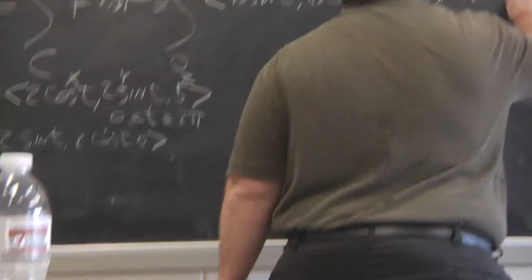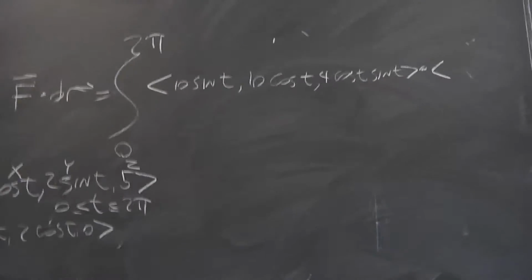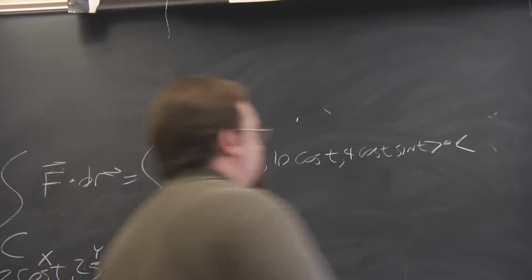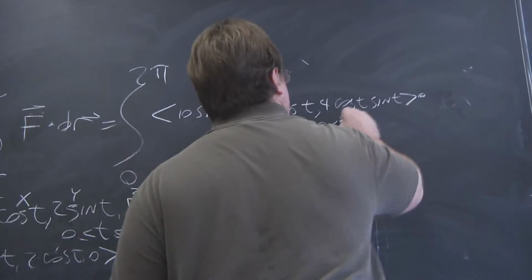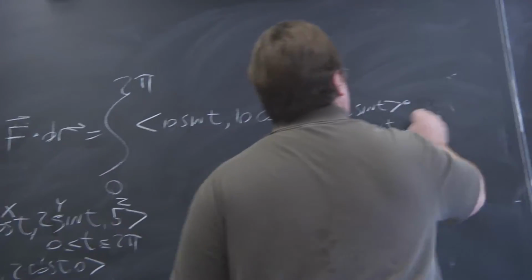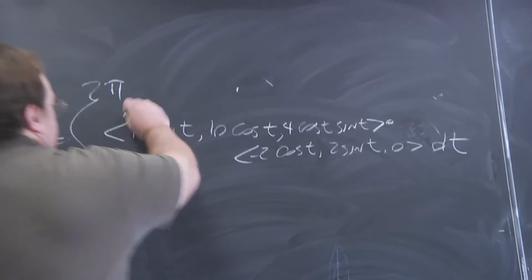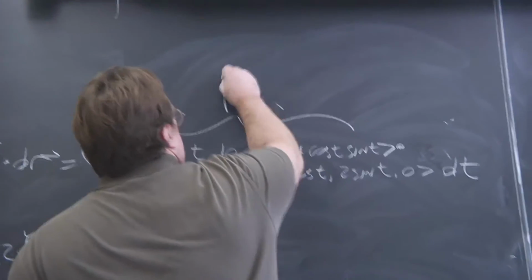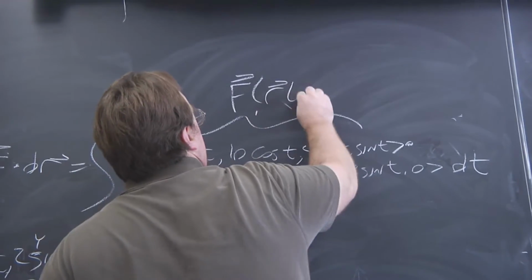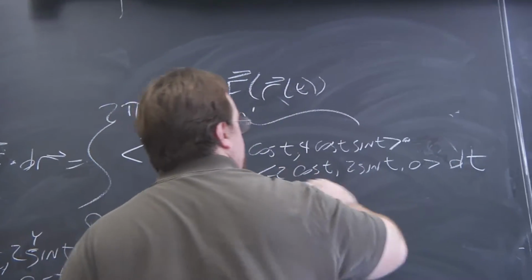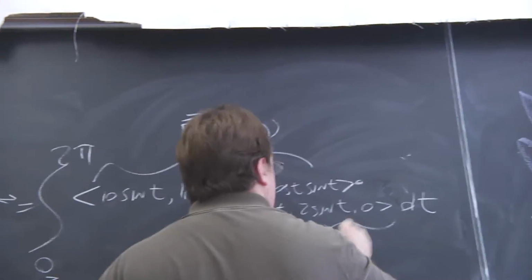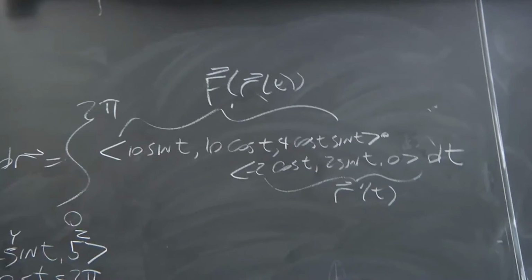Dot product with the tangent vector, minus 2 sine t, 2 cosine t, and 0, dt. All right. So now the line integral is set up. So this is, right here, your F of r of t. This is your r prime of t that you're taking a dot product with.